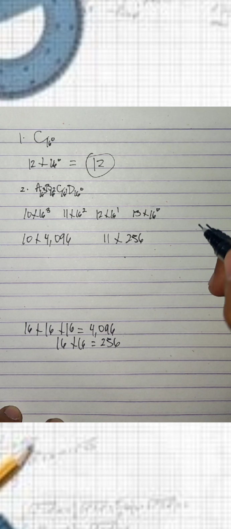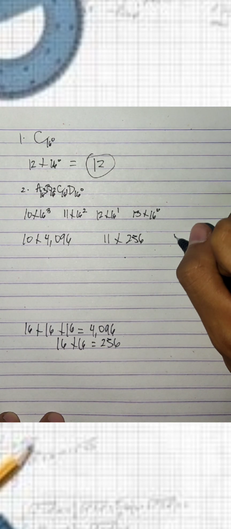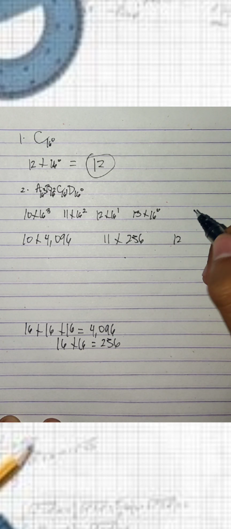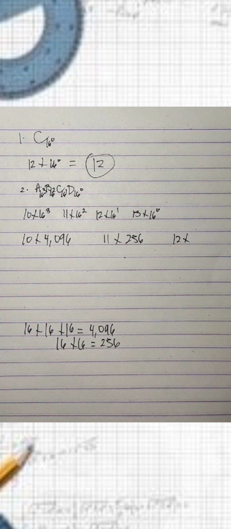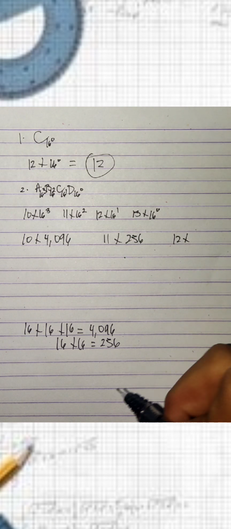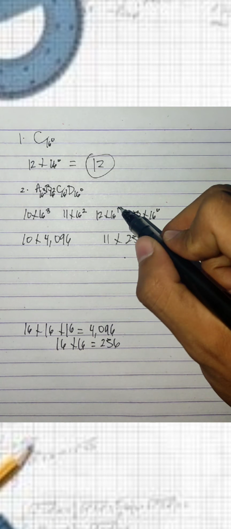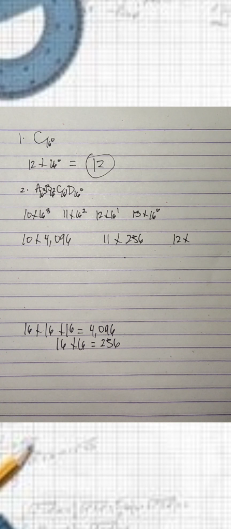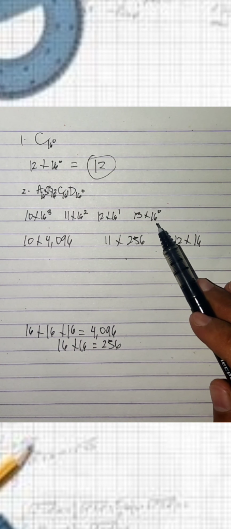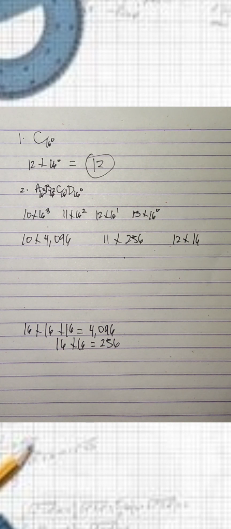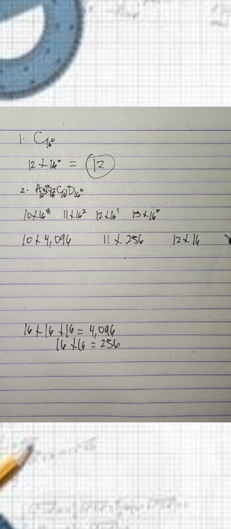Yung 12 natin, 12, tapos lalagay natin 16 lang siya, kasi 16 to the first power, kaya 16 lang lalagay natin. Then, yung 13, 16 to the 0 power, 13 lang lalagay natin.